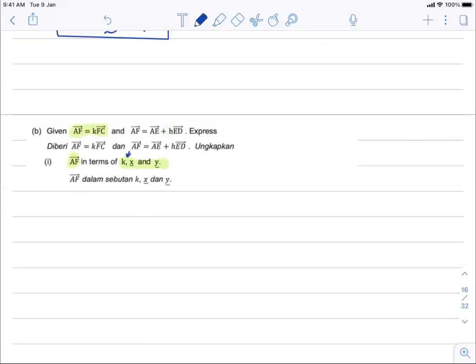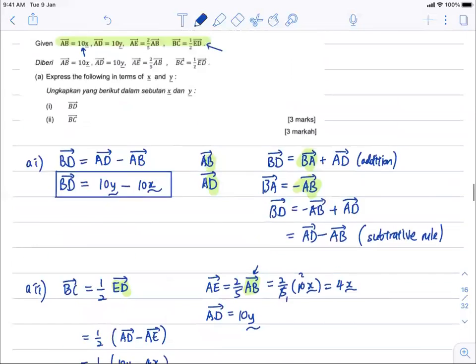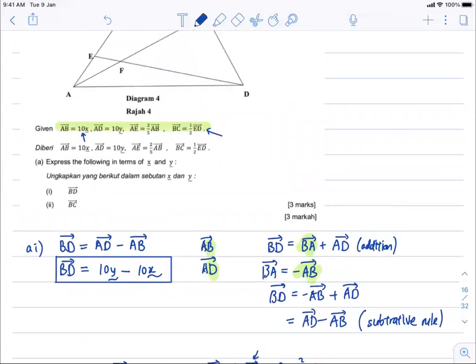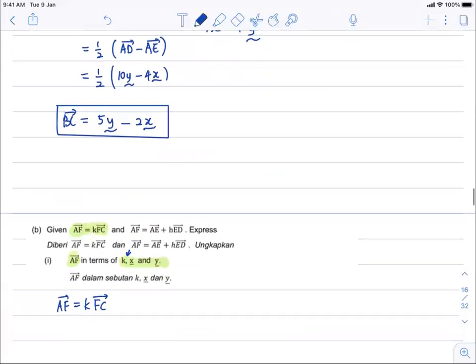So we write down AF equal to k FC. Now we have a problem because from all the information provided, we don't see any F inside the vectors provided. So how do we find FC? Because we need to find FC before we can find AF.